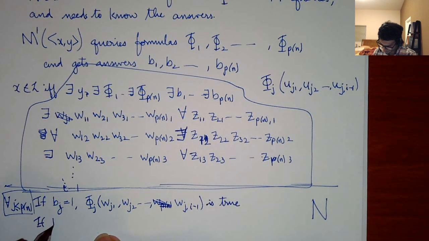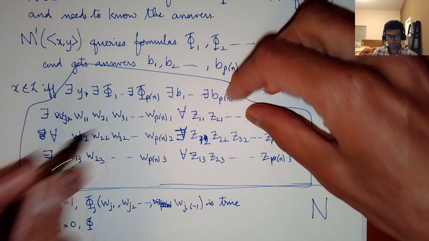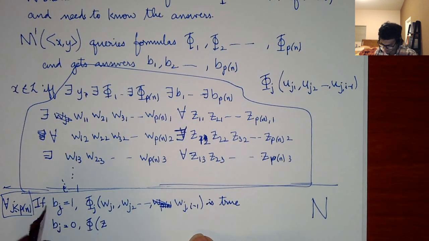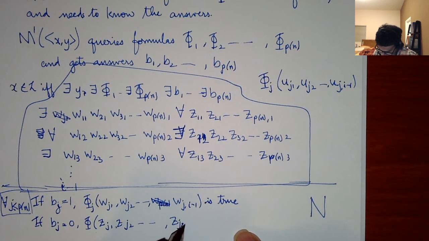If b of j is 0, then I have to flip my quantifier. So I use the z's instead: zj1, zj2, zj(i-1) is false.